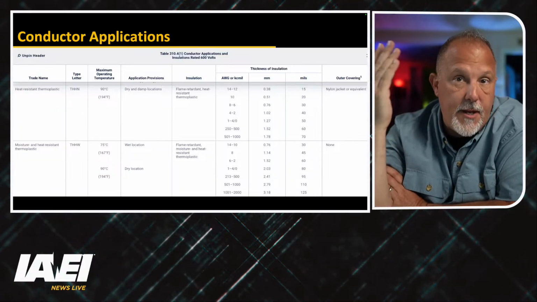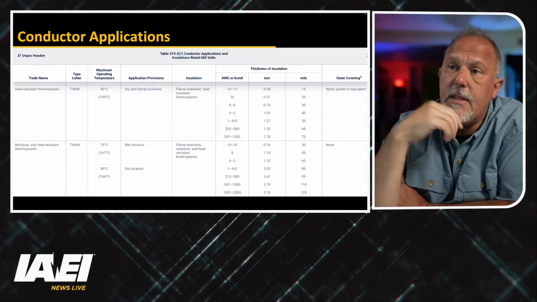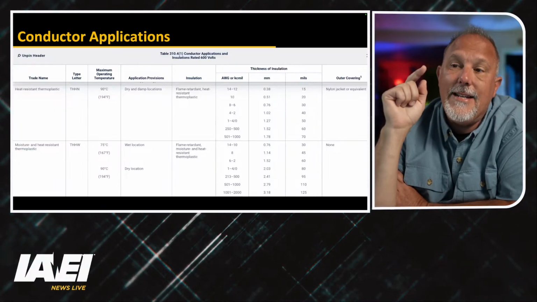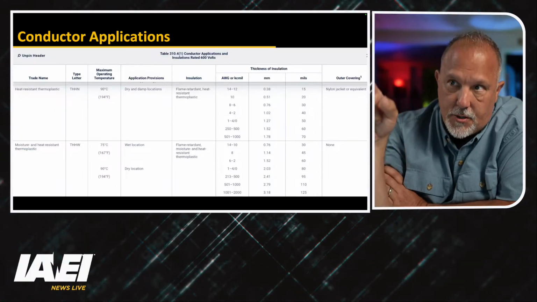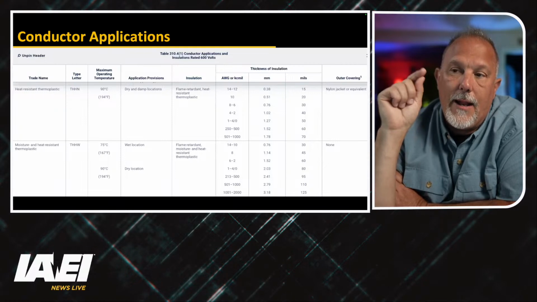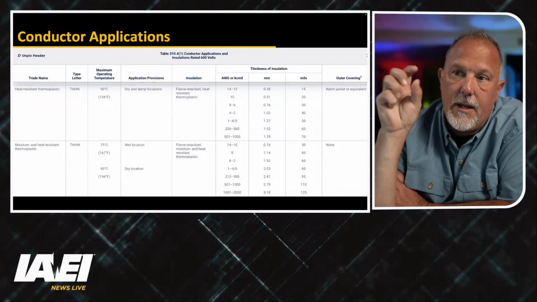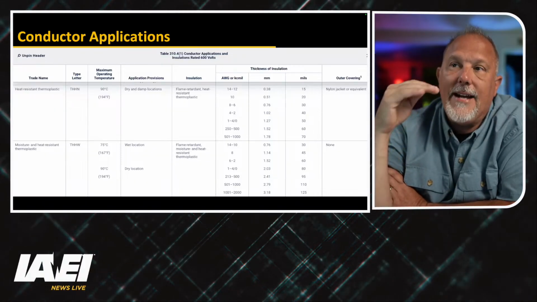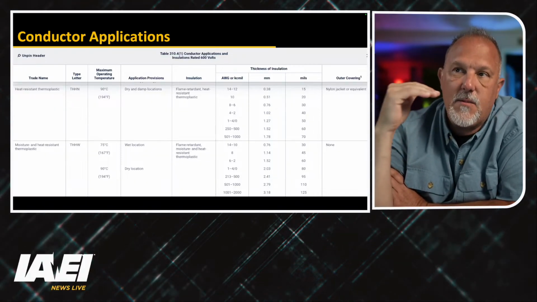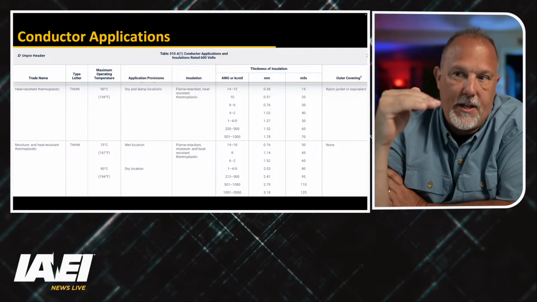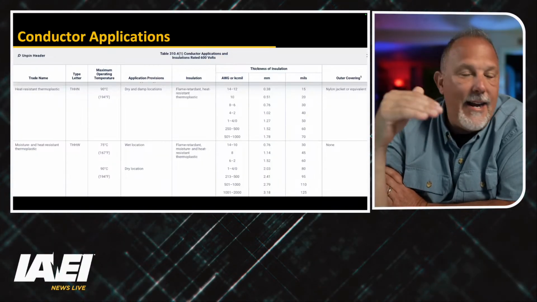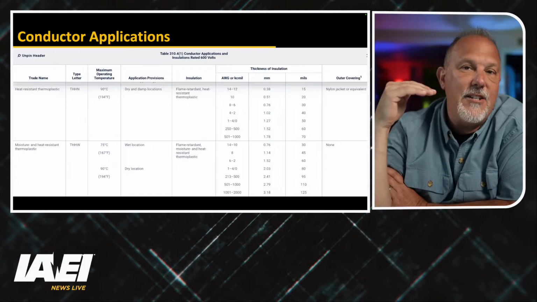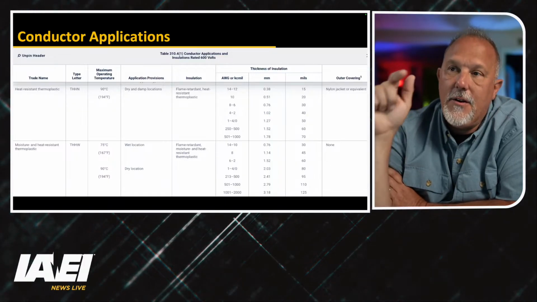THHN is a very common insulation. It tells you where it can be used, and it tells you the operating temperatures. What I like about this portion of the table is that it shows you that a THHW has a 75 degrees C maximum operating temperature when it's in a wet location, and a 90 degrees C operating temperature when it's in a dry location.